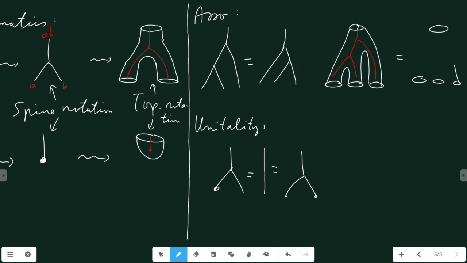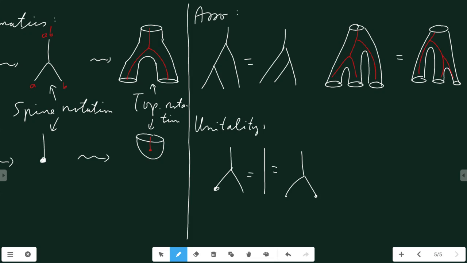It's just this one. This relation, so associativity, the classical associativity of algebras is actually a topological relation. When I first learned this, I was really stunned. I really like this. This is really good. The same here, unitality is also a topological notation.